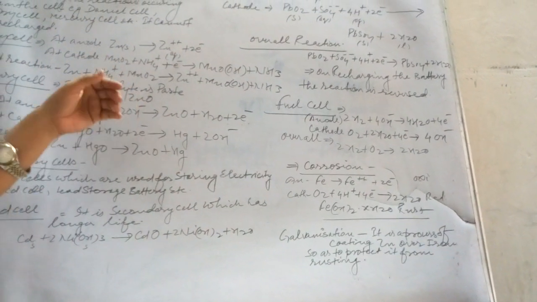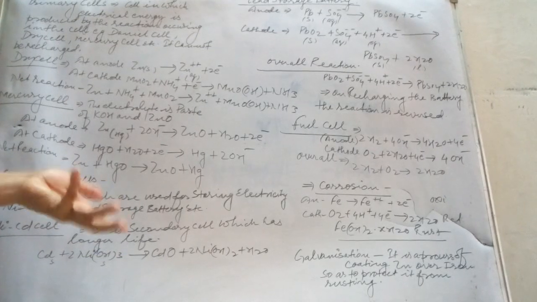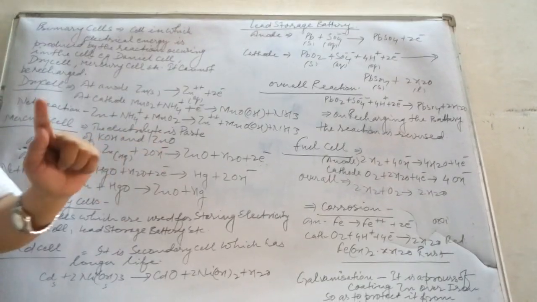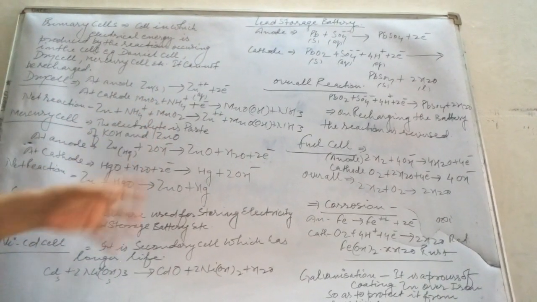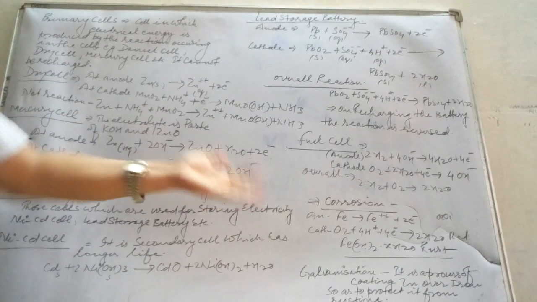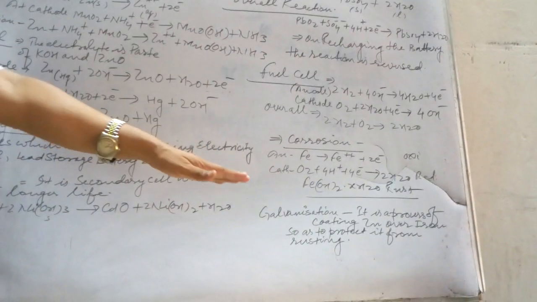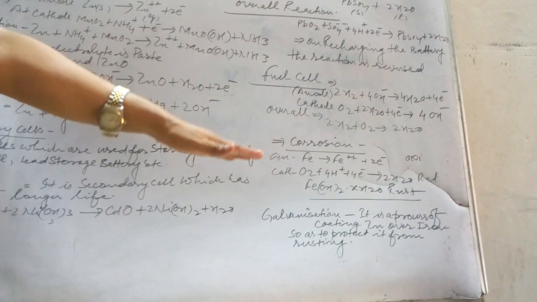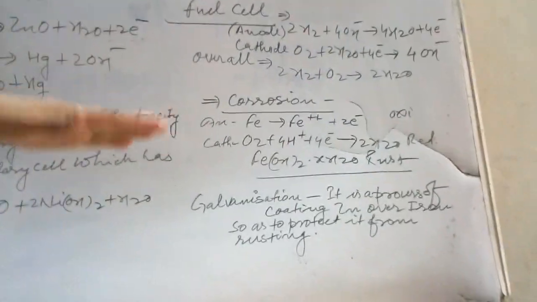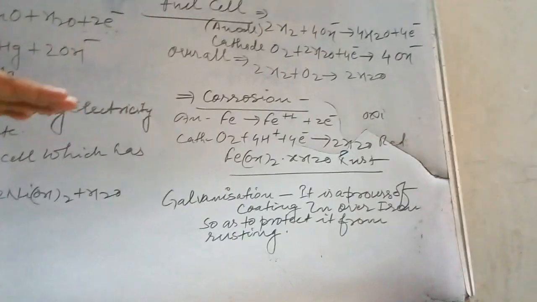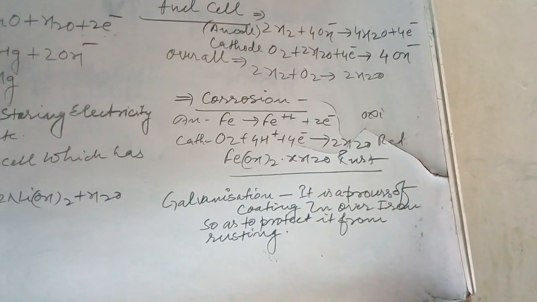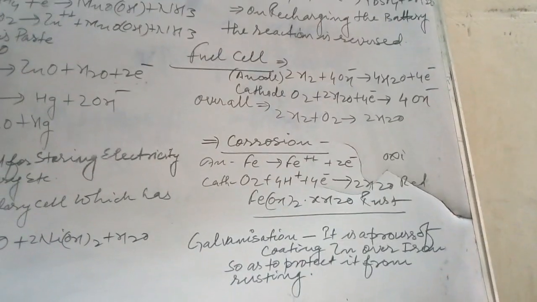So we have to protect against this corrosion either by greasing or by oiling, but the best suitable method is galvanization. Children, you know galvanization is a process of coating zinc over iron so as to protect it from rusting. Okay, and you have already studied this.